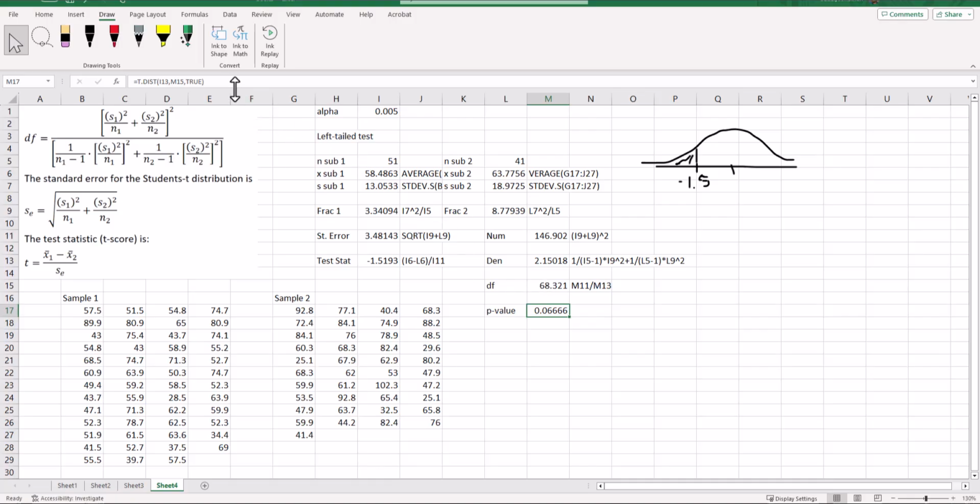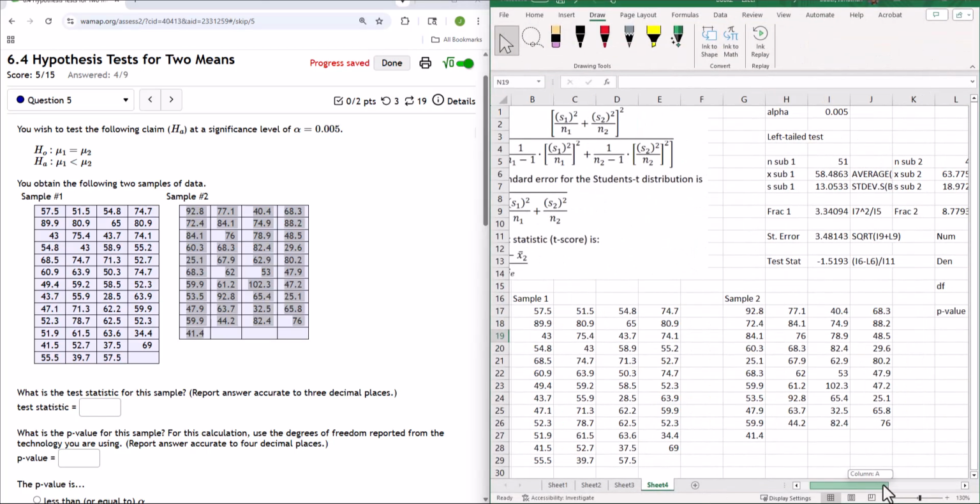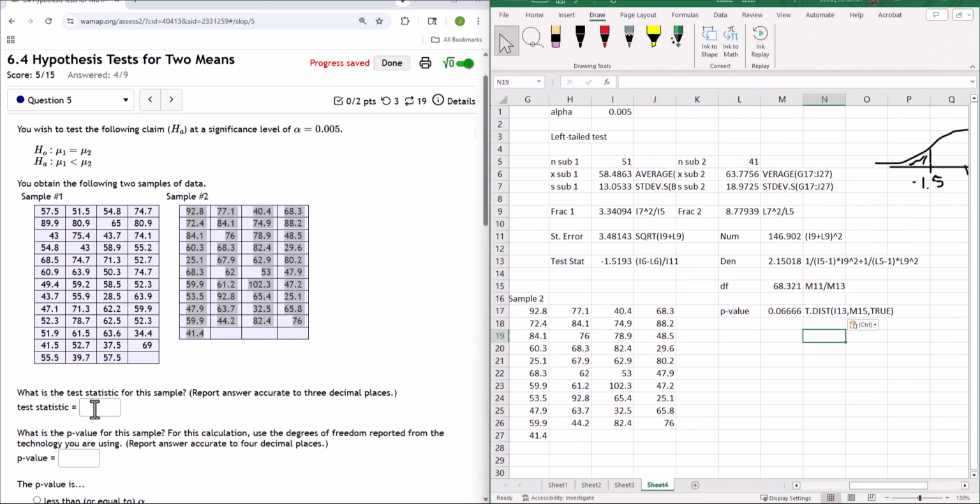I'll put this back over here and start punching in some values: negative 1.5193, and then my p-value 0.0667, rounding the last digit up.